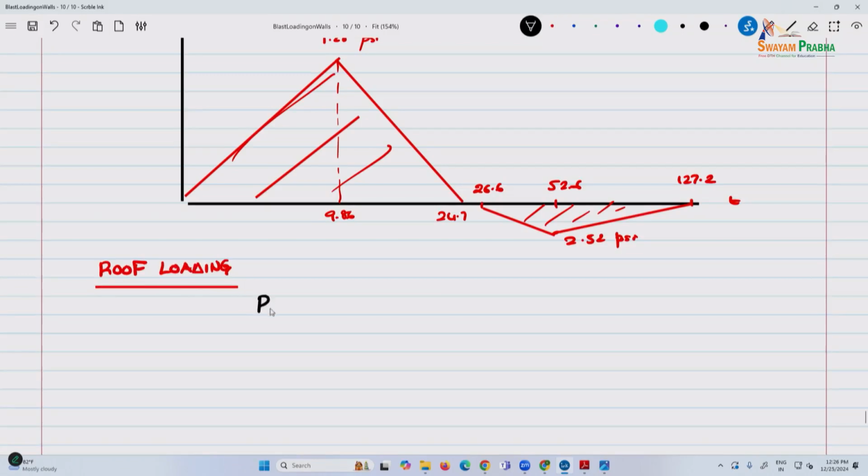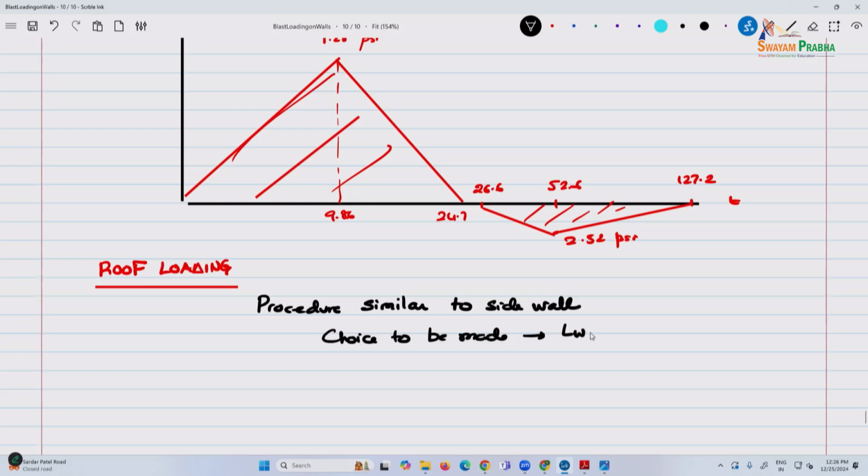Here, the procedure, if I finish a little early, I'll complete this, is very similar to sidewall. The choice to be made is for LWF, LW.